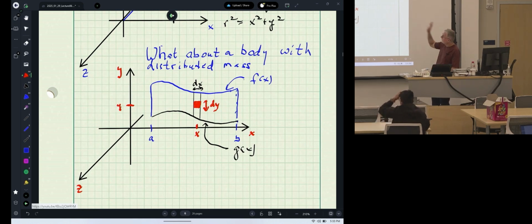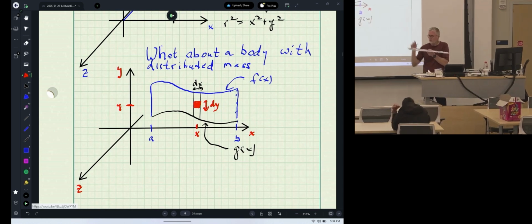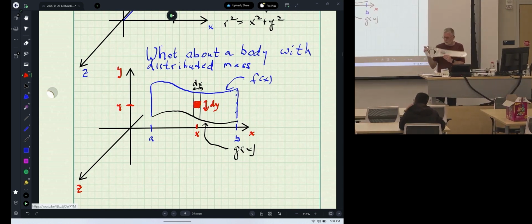So our body lies in the xy plane. Its extent in the z-axis is a constant thickness h, and we're assuming uniform density, no holes, okay?